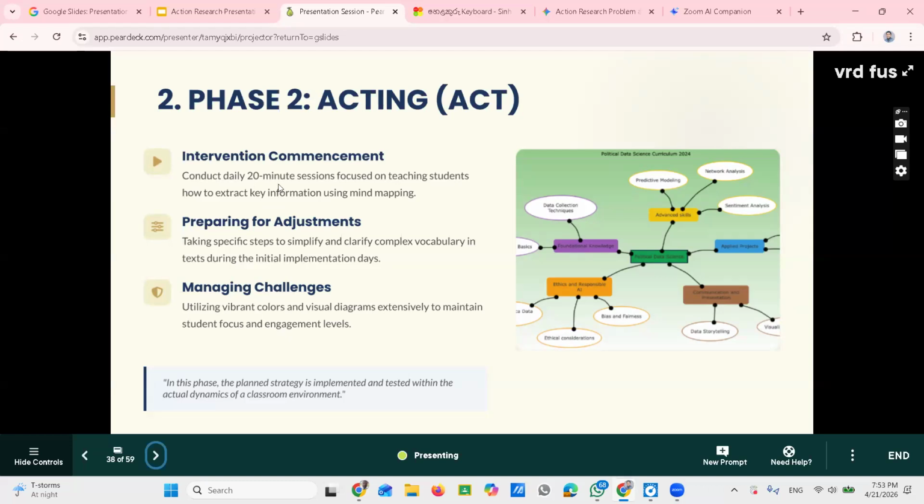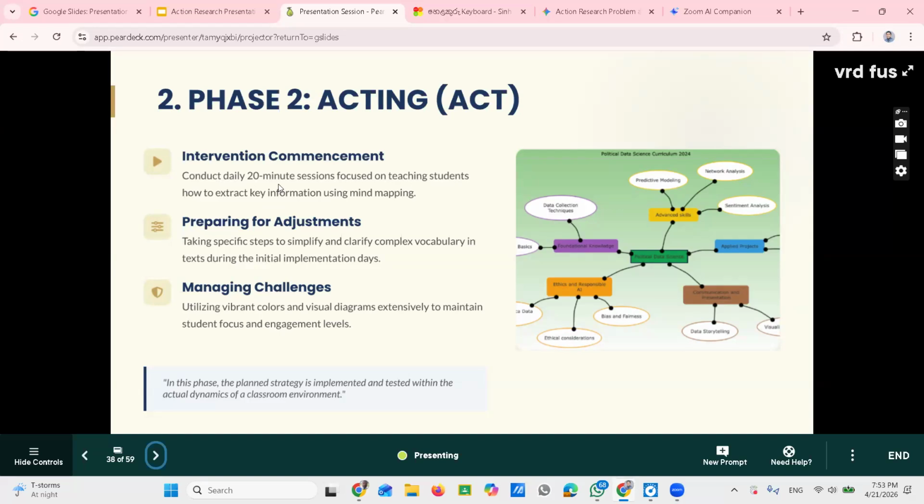Right. Here, the intervention that I mentioned earlier, the teacher is supposed to conduct a 20-minute session per day. In the 20-minute session, the teacher teaches how to organize the words logically through the concept of mind mapping.